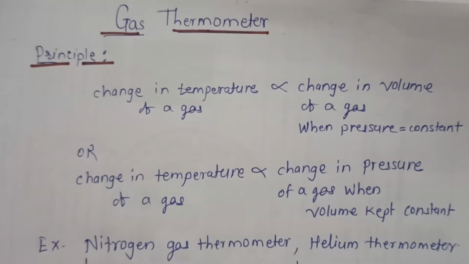Nitrogen gas is chemically inert gas. It has favorable coefficient of thermal expansion. The temperature range is wide.